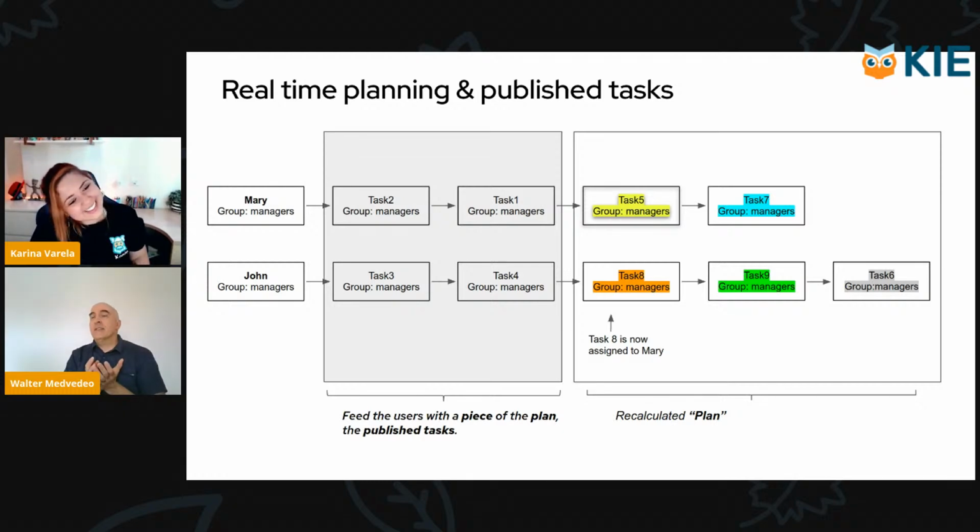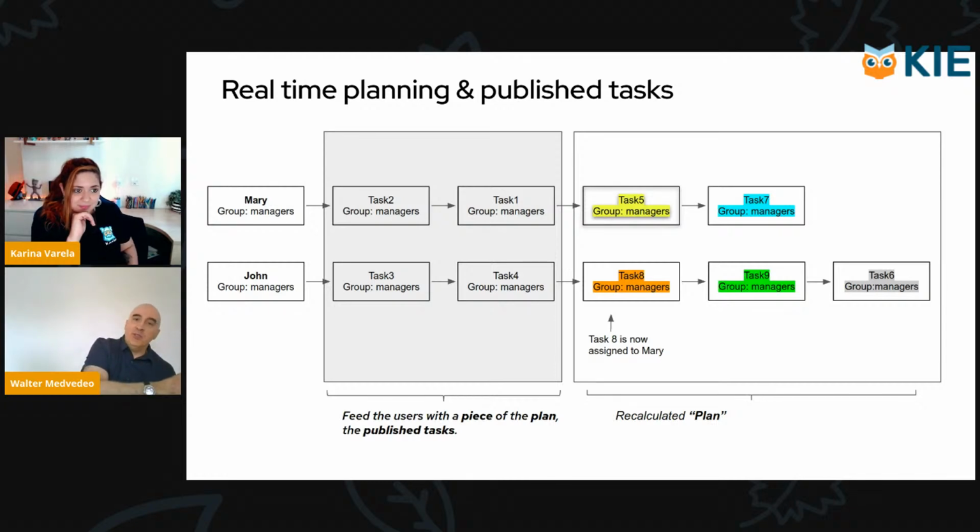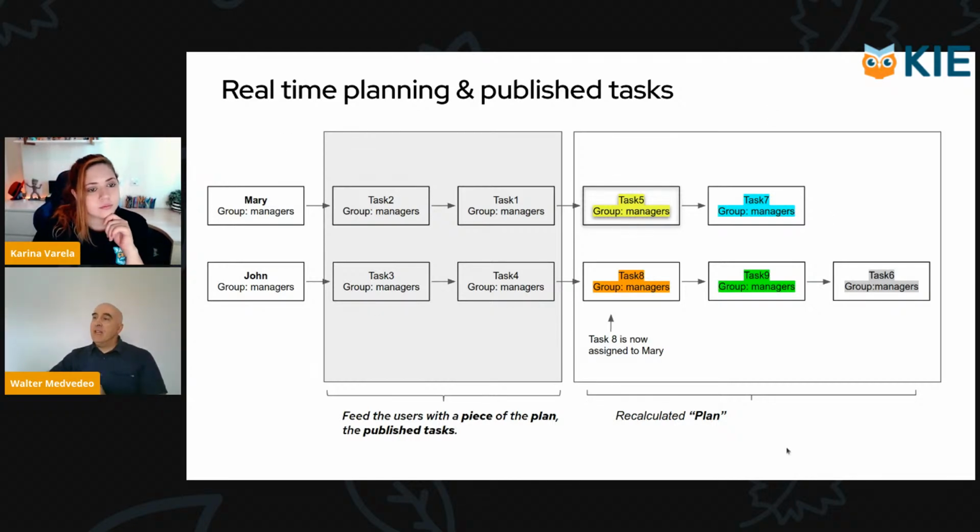So, we don't want to change the work that was already reserved to the user, but we still want to give the chance to continue improving and improving the plan. So by using this strategy, we are only reserving or publishing a piece of the plan. This piece of the plan will never change.